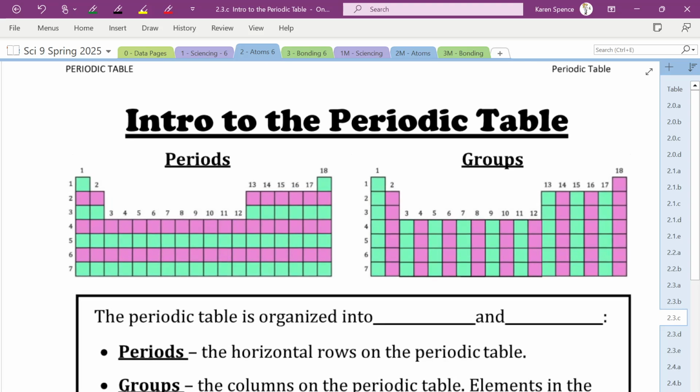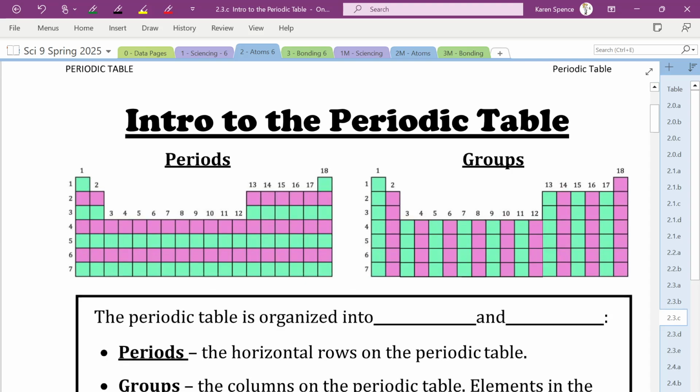Okay, I don't have a copy of the book. How well did these color differences show up on your book? Does what I have as pink, page 68, does it look different? Okay.